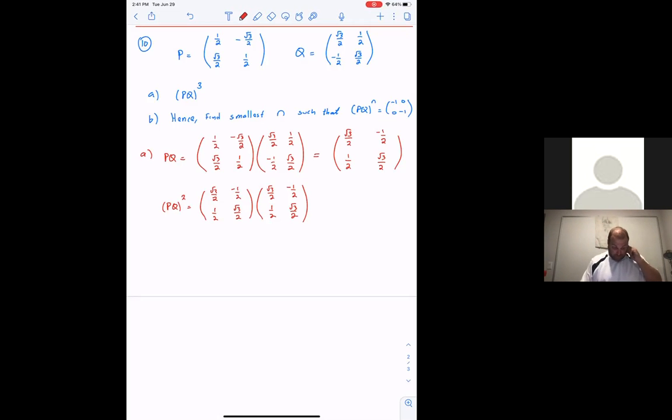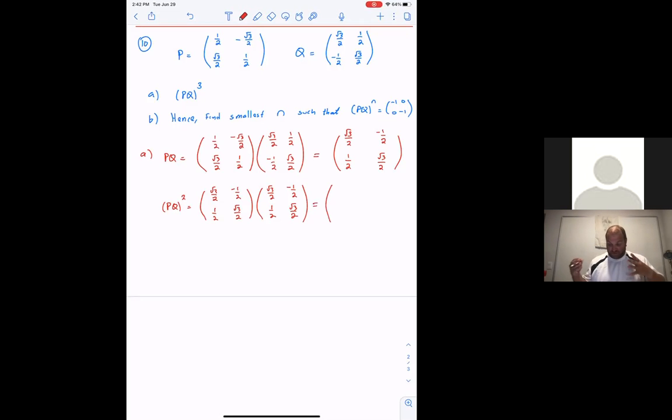So PQ is a counterclockwise rotation of angle 30 degrees, which means if we rotate counterclockwise 3 times, if we take it to the third power, that should be a 90-degree rotation. And in fact, let's just show that that's the case.